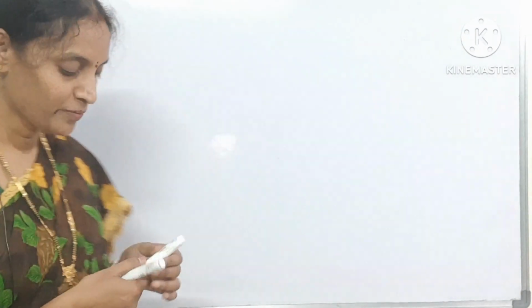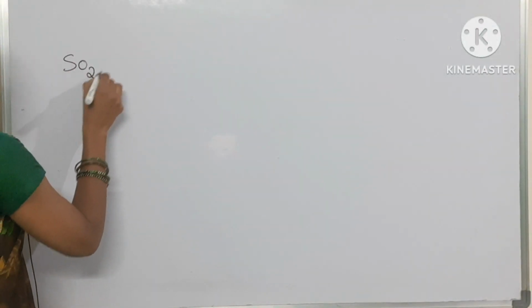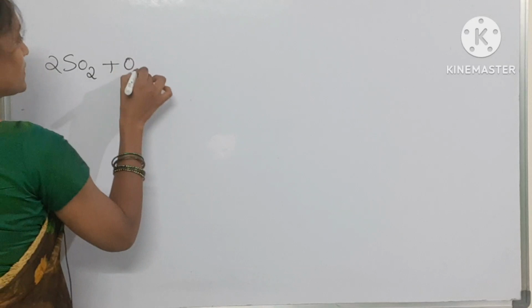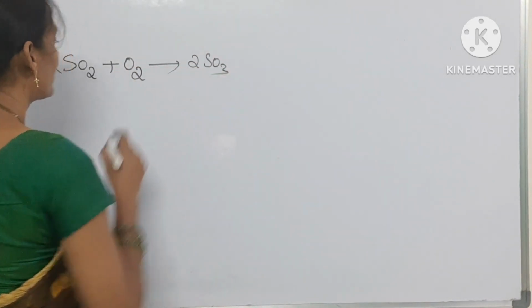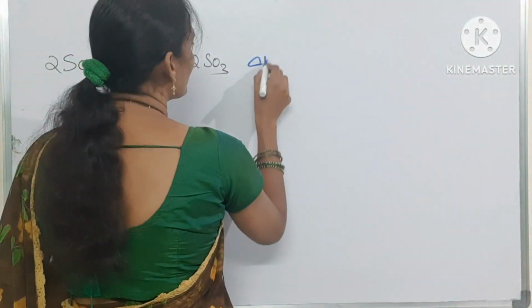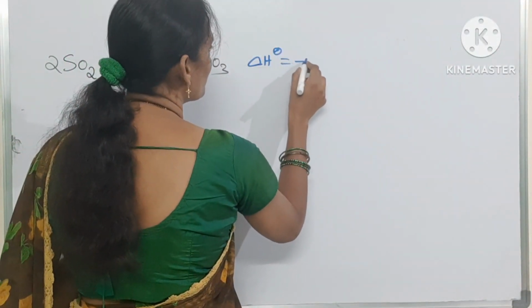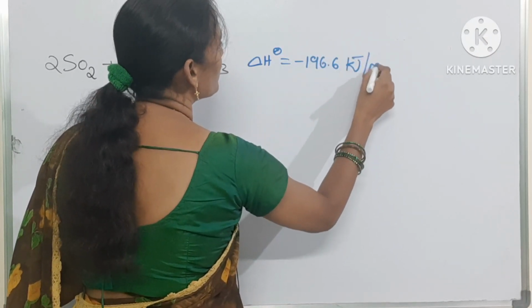Sulfur dioxide reacts with oxygen, you will get sulfur trioxide, SO3. Here the energy, delta H, is minus 196.6 kilojoule per mole.